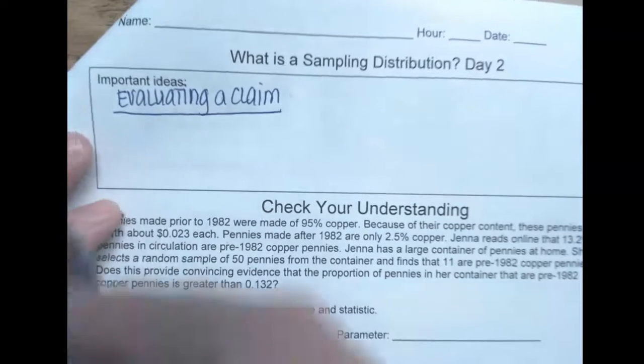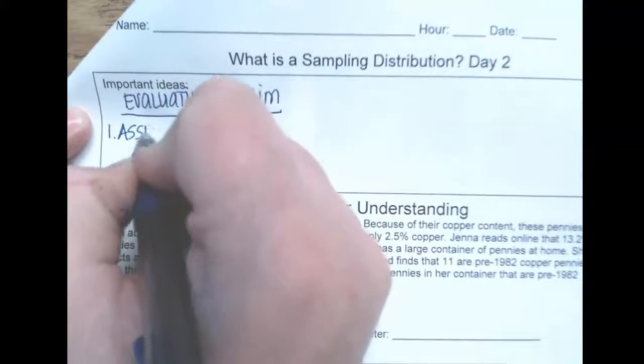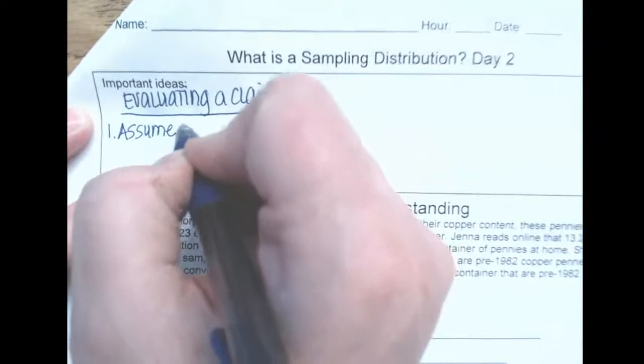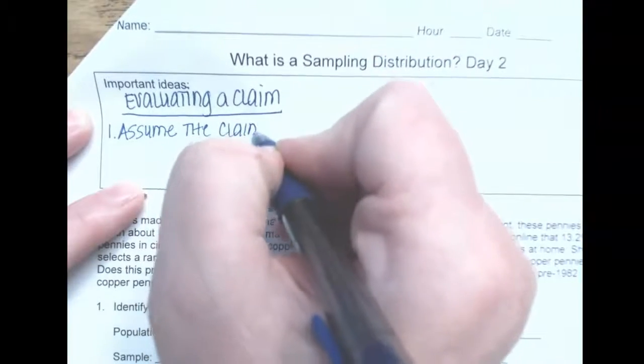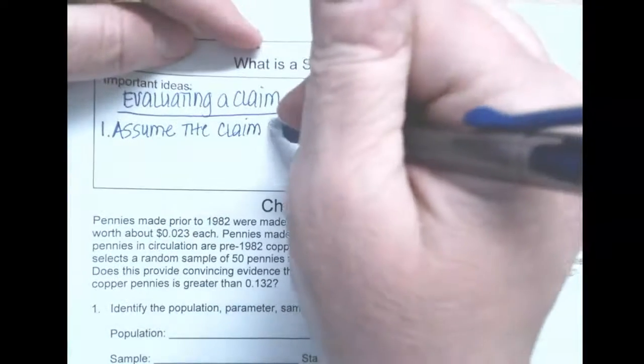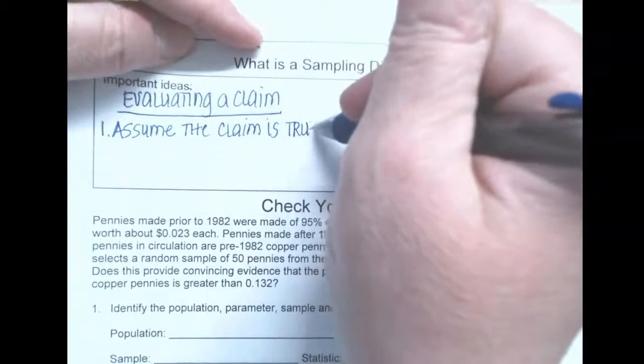So evaluating a claim, when you do this, you always want to assume that the claim is true, and you're looking for evidence against this claim.